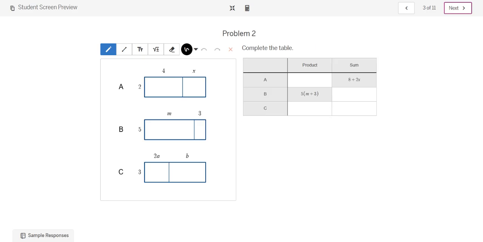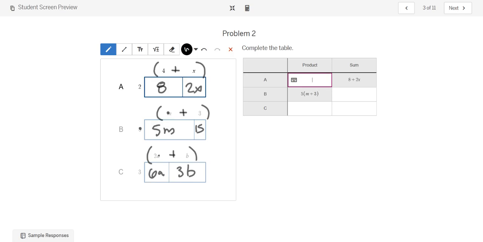Here we go. When I look at this, if I was writing it as a sum, or a product, sorry, I would do it like this. If I was writing this one as a product, to get the sum, I would go 4 times 2 is 8, 2 times x is 2x, 5 times m is 5m, 5 times 3 is 15, 3 times 2a is 6a, 3 times b is 3b. And so then I come over here.